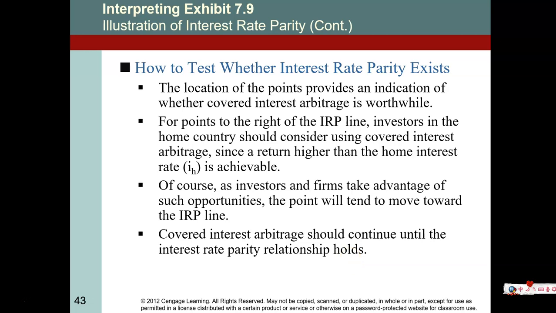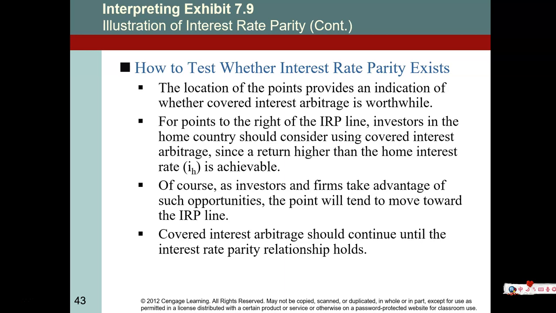Okay, so we start from the right of the line. In that case, P is larger than IH minus IF, so it's beneficial for the investors to invest in the foreign currency.